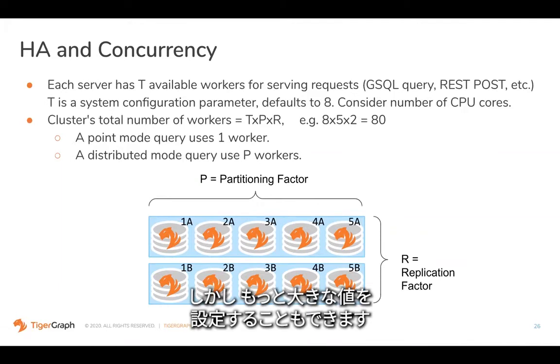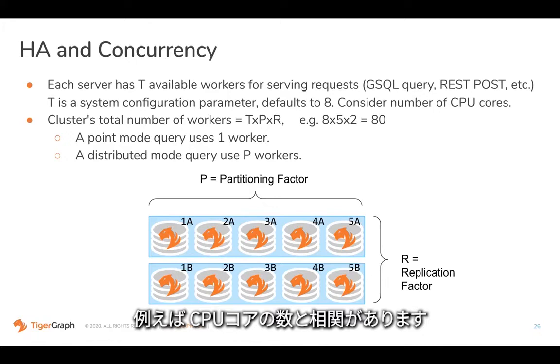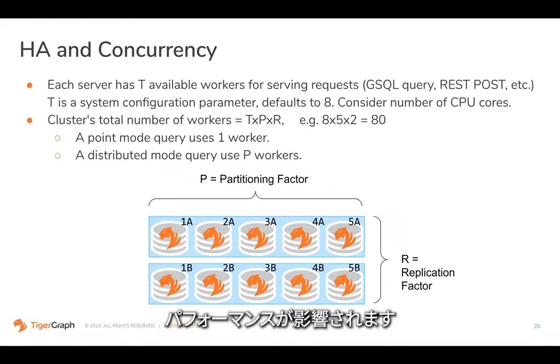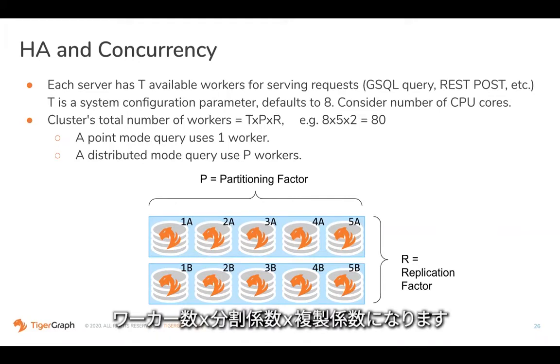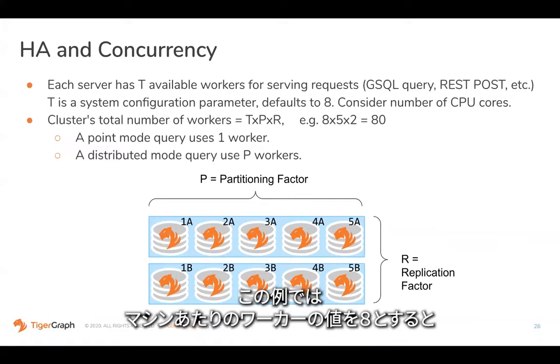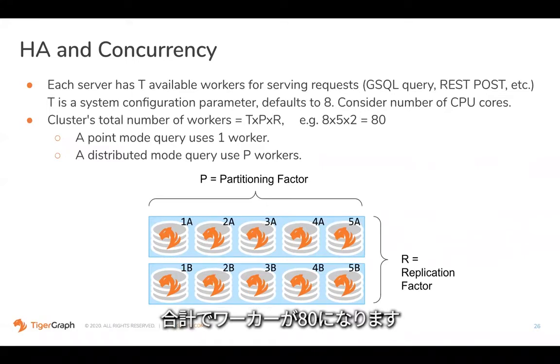You might want to think about how many CPU cores you have, because there's a correlation. It doesn't have to be the same number, but performance is influenced by that. So the total number of workers you have available is T times P times R. So in this example, if we have 8 workers per machine, then you have 80 workers.